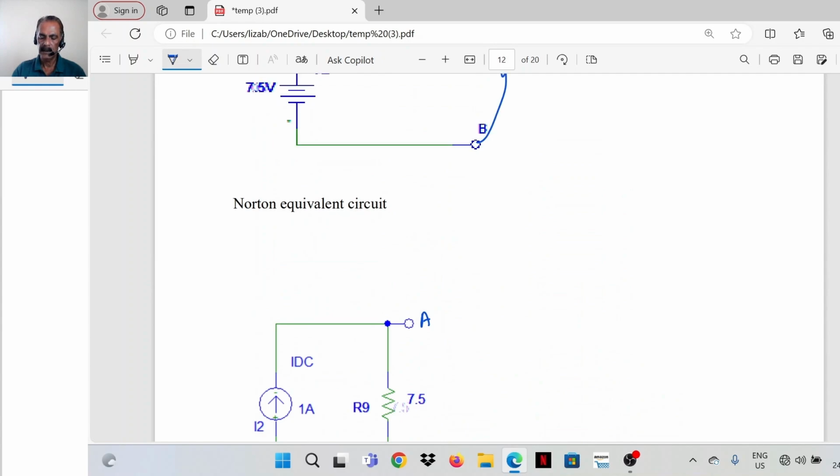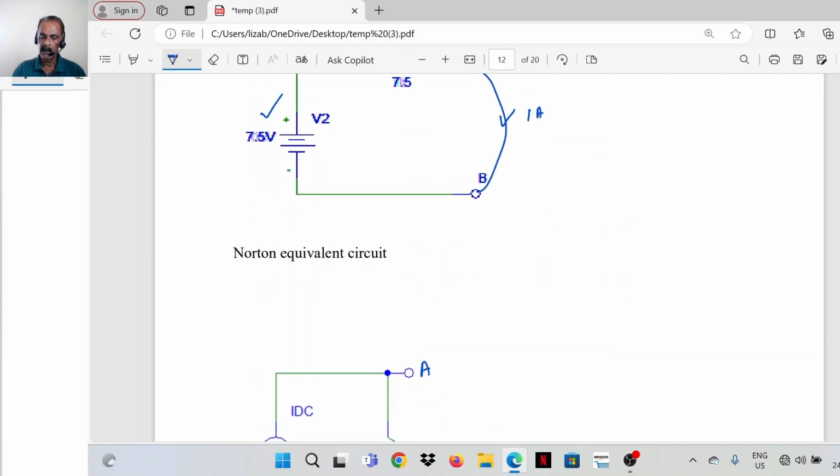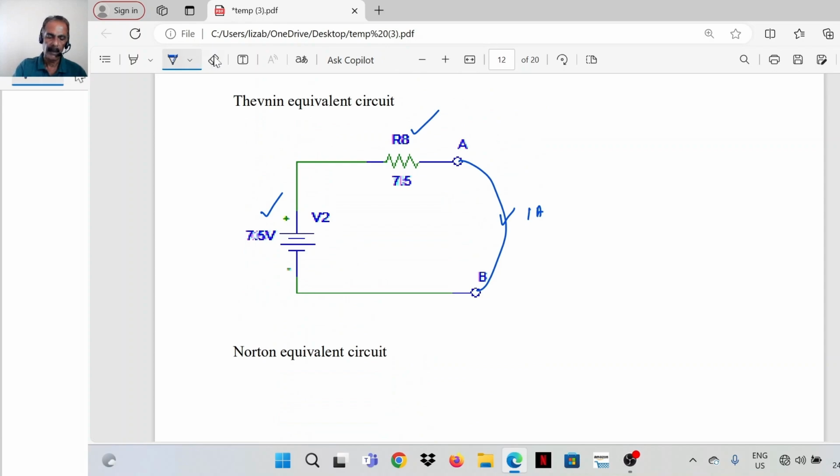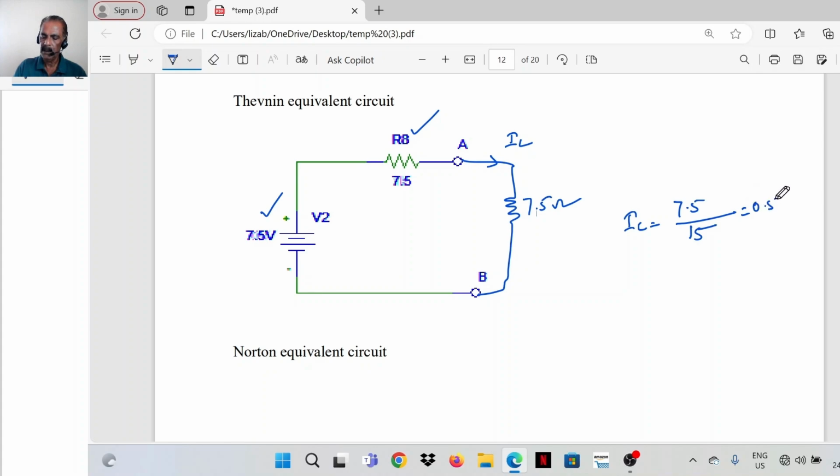In this case, what is the load current? IL is equal to 7.5 divided by (7.5 plus 7.5), that is 15. That is 0.5.